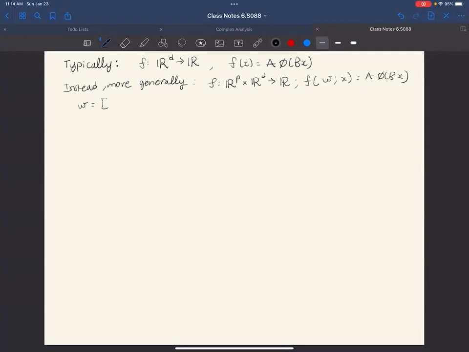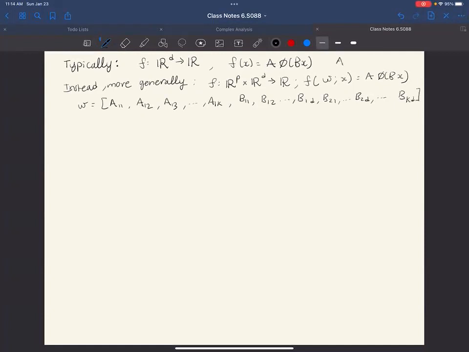This is going to be a giant vector of all the parameters in A and B. So I'll have A11, A12, A13, all the way up to A1K. And then I'll have B11, B12, up to B1D, B21 up to B2D, and then all my parameters up to BKD.